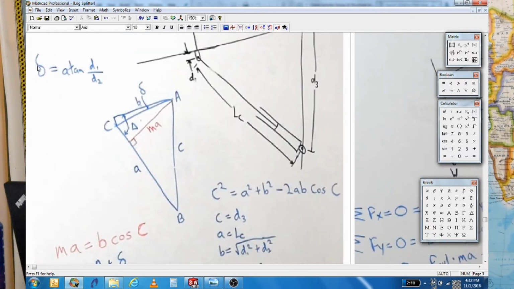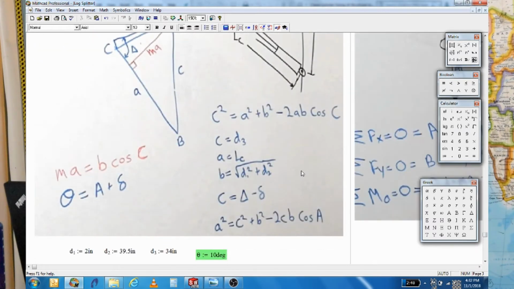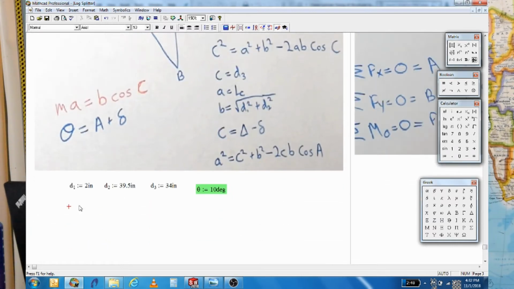All right, so let's specify another couple variables from what we gained last time. The first one is this lowercase delta equal to the arctangent of d1 over d2. And then b equals the square root of the sum of the squares of d1 and d2. So let's go ahead and do that. Since d1 is very small, we expect a very small angle here, somewhere around 2 degrees. 2.9, exactly.